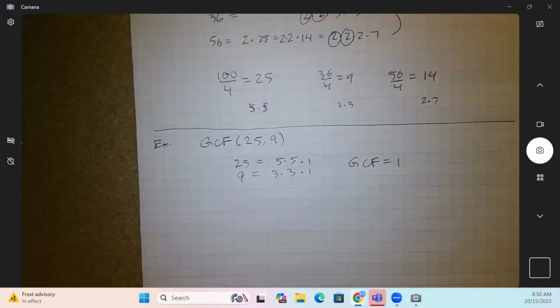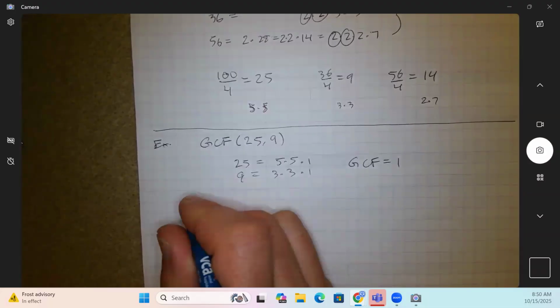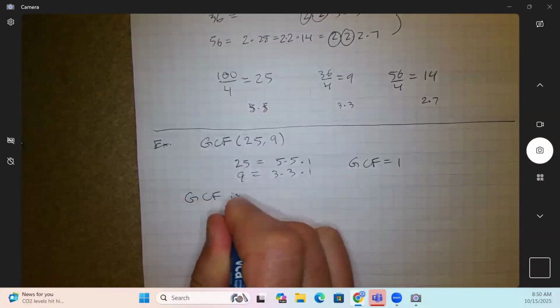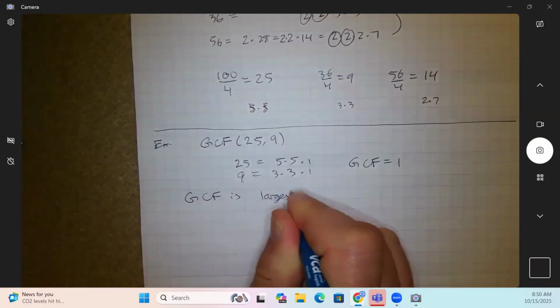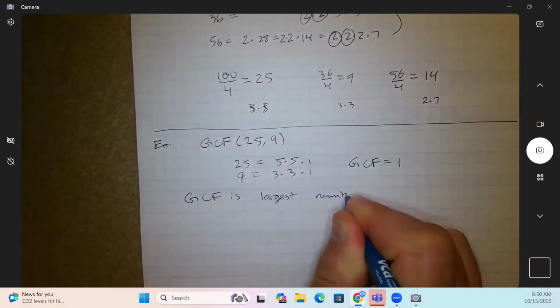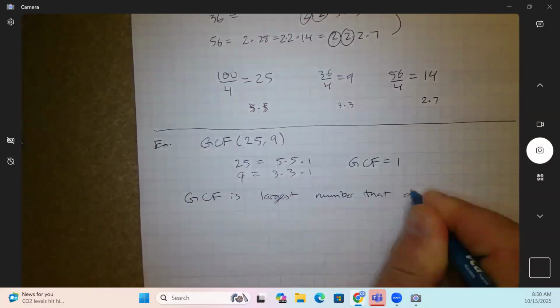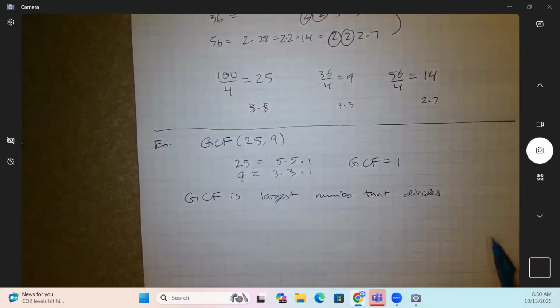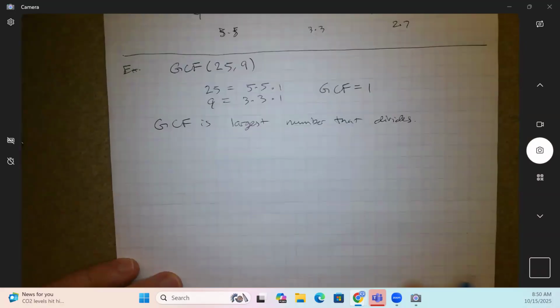And lots of numbers have no primes in common. Okay, the GCF is the largest number that divides.